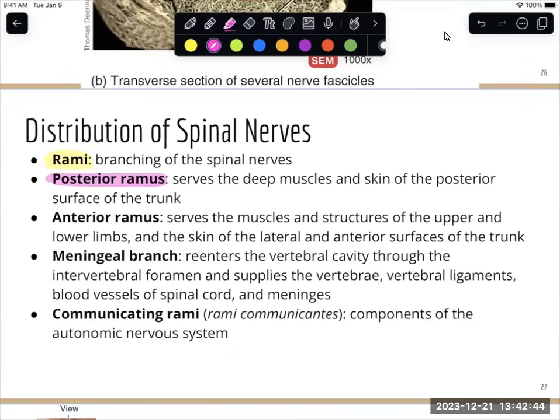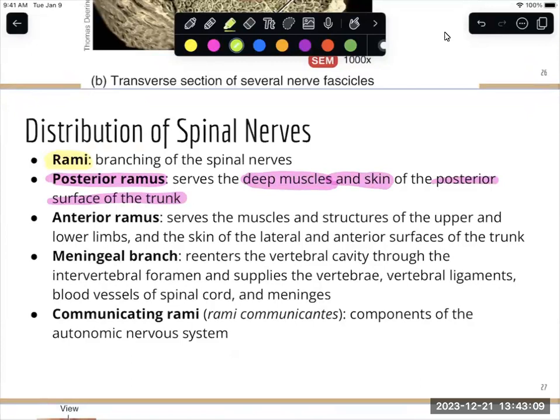Posterior means it's going to the posterior portion of your trunk. This is what's going to give most of your deep muscles in your back and even some of the skin on your back that sensation or motor by that posterior ramus.